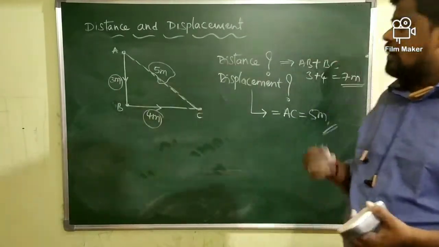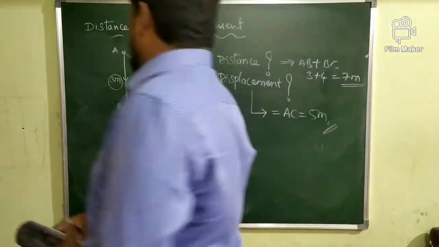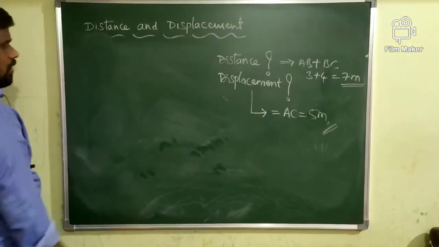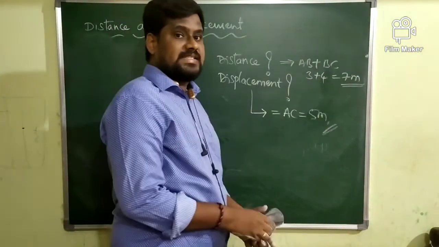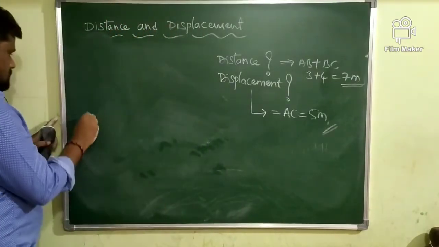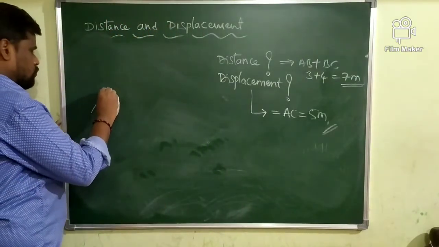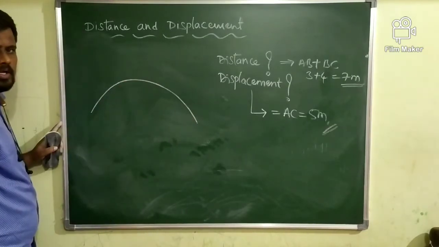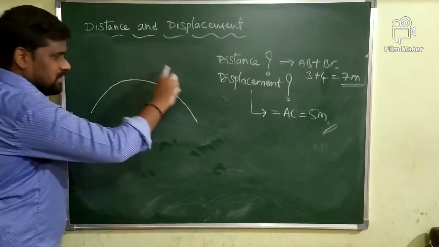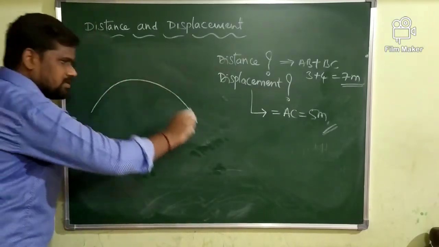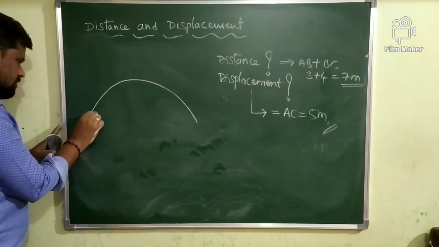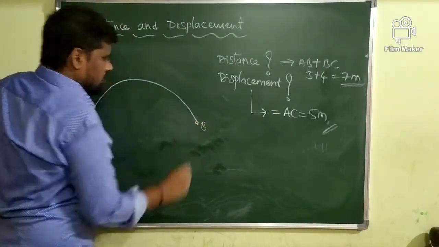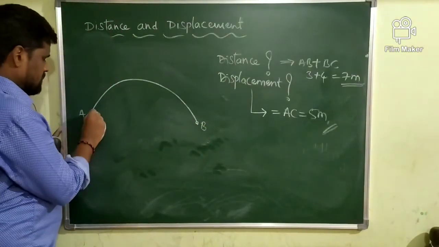I will take one more example here. Imagine that body is moving along a semicircular path. So this is the initial point and this is the final point.